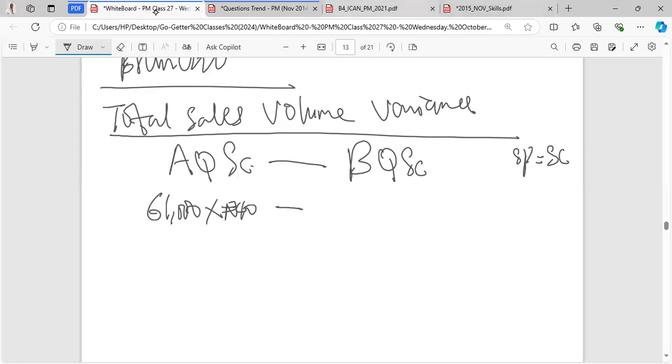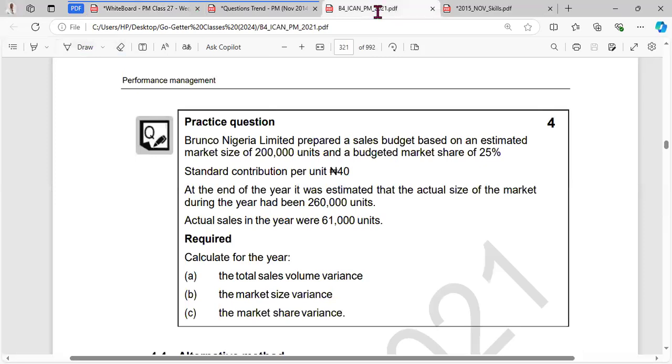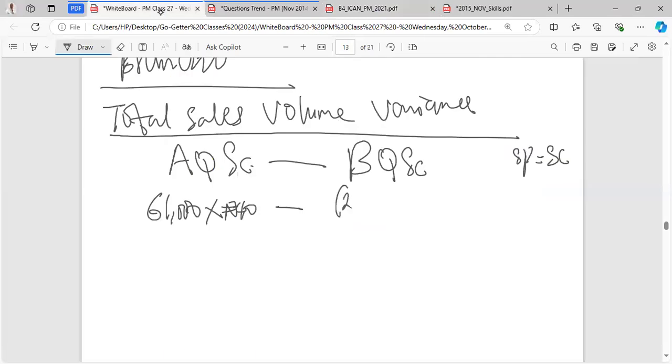What is the budgeted? The company budgeted to have 25% of the market share. The market share was 260, so it's going to be 260 times 0.05, that is their own share, times 40 naira.